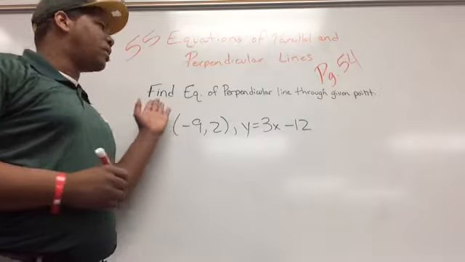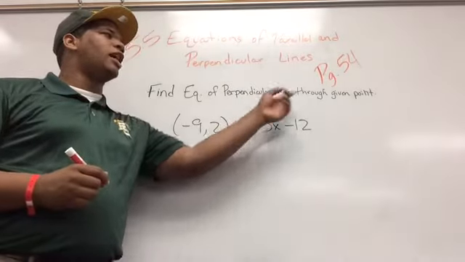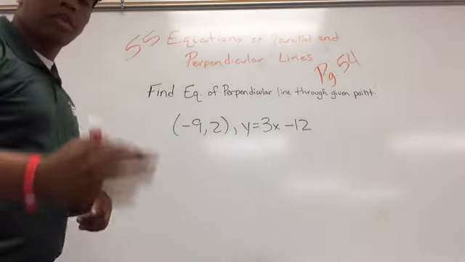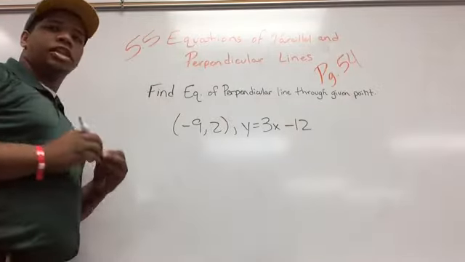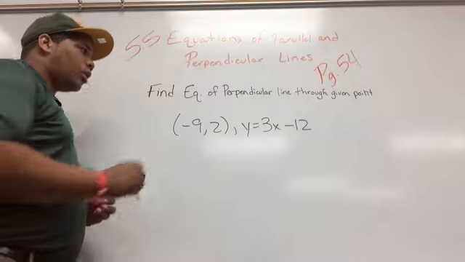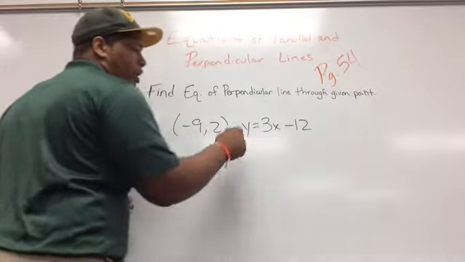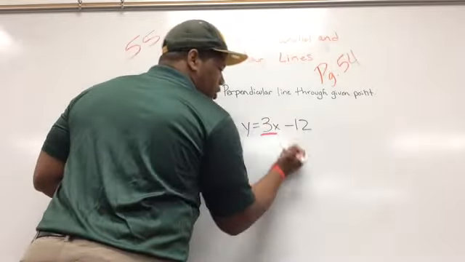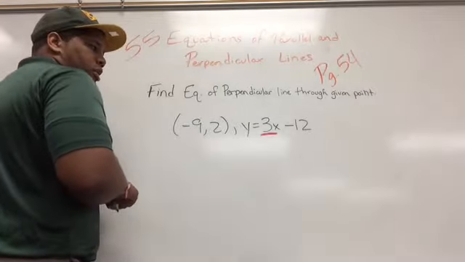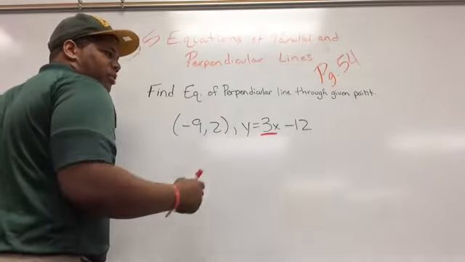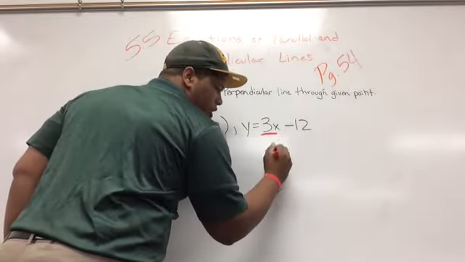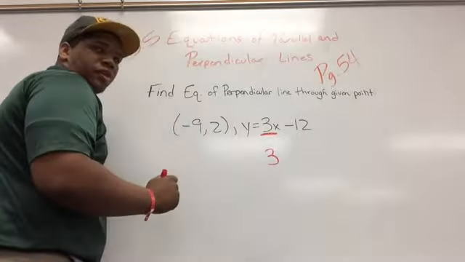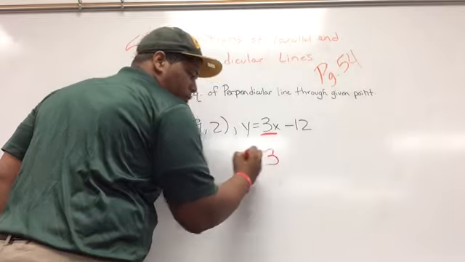Okay, for this example, I'm asked to find a perpendicular line through the given point. And if we remember, we said our slope for a perpendicular line is the opposite reciprocal. Well, let's start off with this equation. My slope in this equation is 3. So if I'm going to do the opposite reciprocal, that means this 3 is positive, so I'm going to do the opposite of positive 3, which is negative.